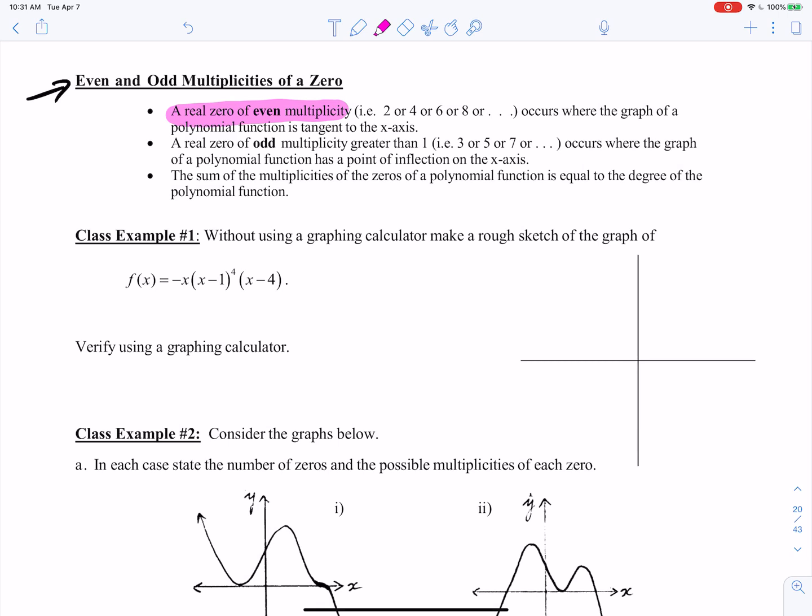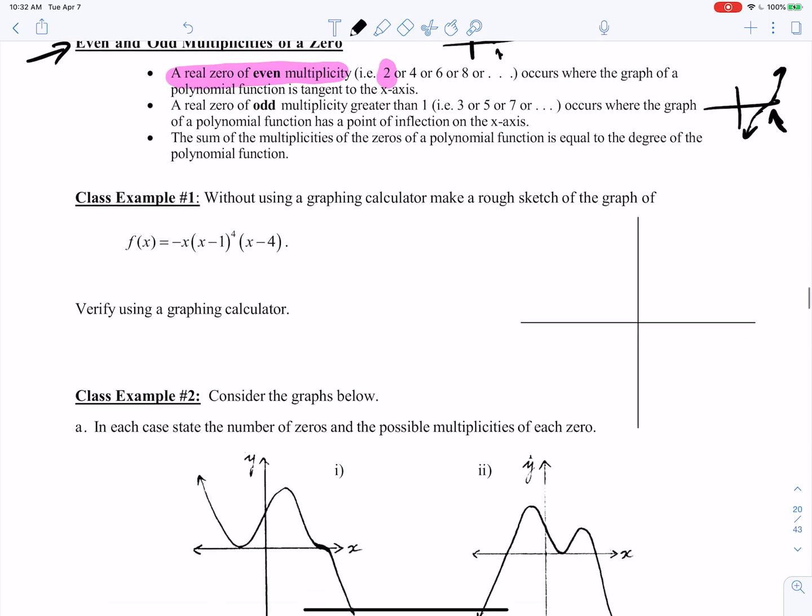So basically, we're going to be focusing on multiplicities of 2. A multiplicity of 2 looks like this. A multiplicity of 4 looks like that. 6, 8, any even number is going to end up at a point of tangency. And any odd number is going to end up with a point of inflection. So this would be degree 3, 5, 7, 9. But basically what we're going to be looking at is minimal degree for the most part.